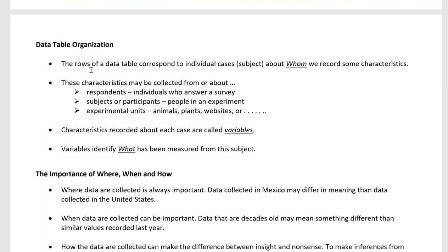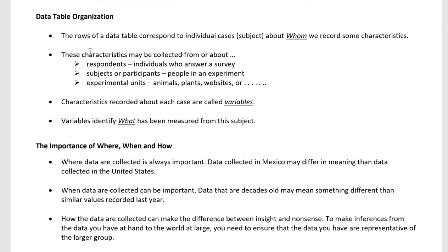This is about the rows, and these characteristics may be collected from or about respondents. So what are respondents? They are individuals who answer a survey. If the data or the case is about a survey, about the individuals who answer a survey, then normally we call them respondents.